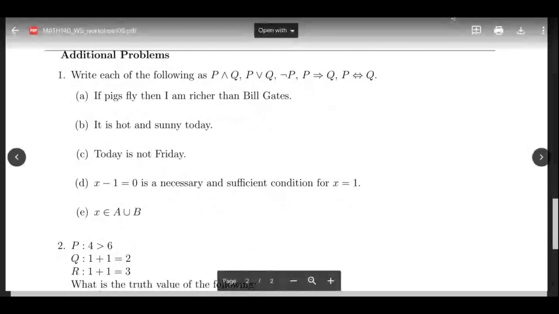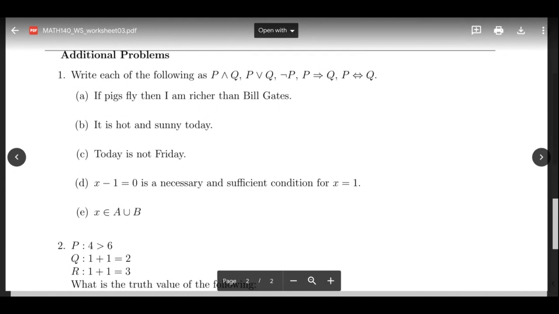Okay, additional problems. First one, write each of the following as P and Q, P or Q, not P, P implies Q, or P if and only if Q.